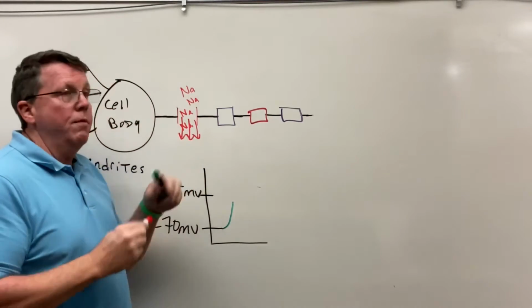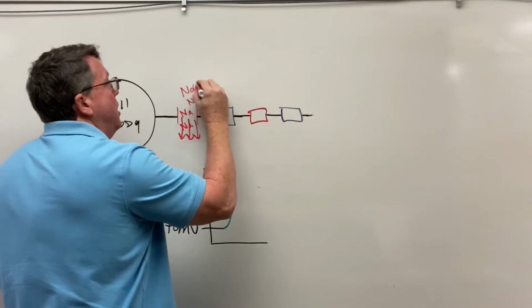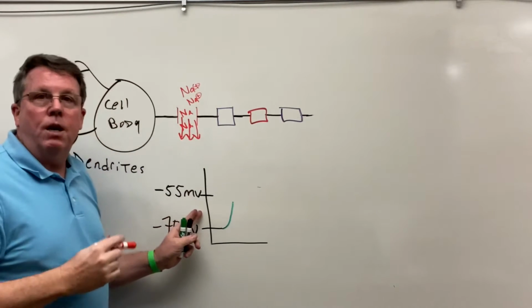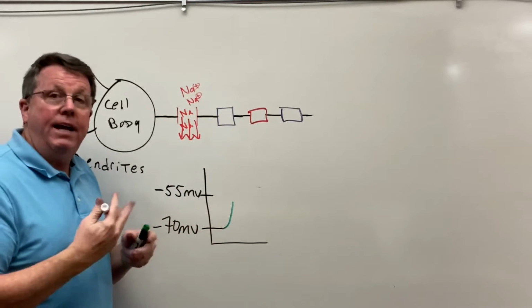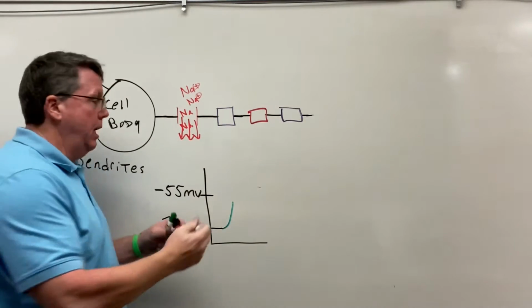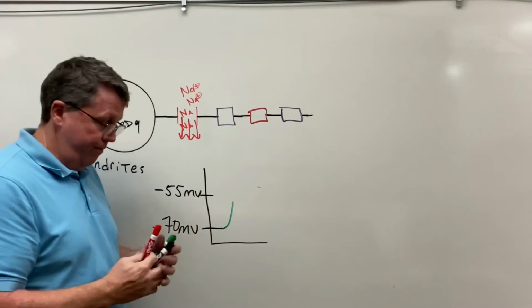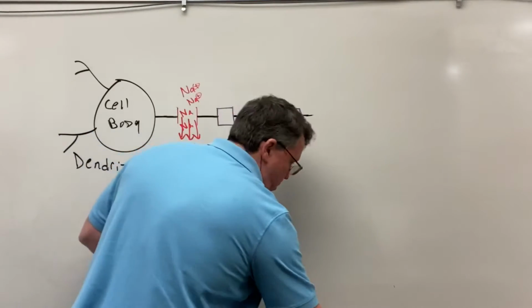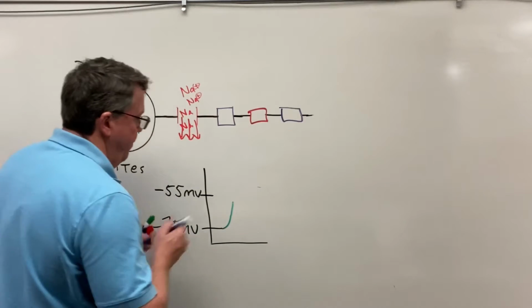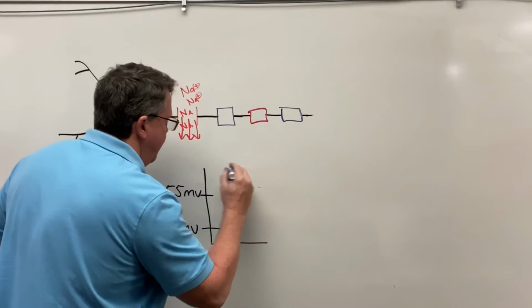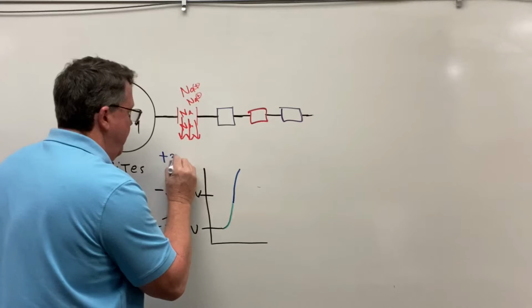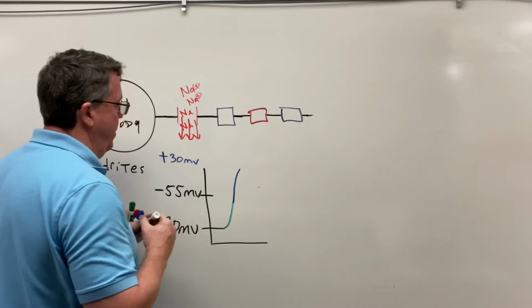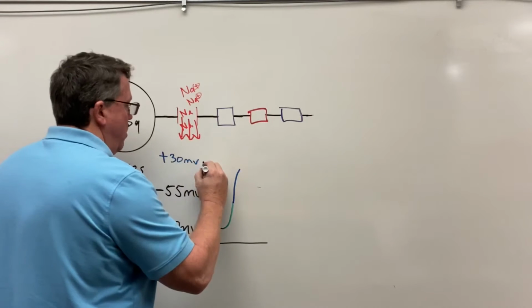Well, because sodium has a positive charge, this starts to become even more positive because I'm adding a bunch of positive charges into the inside of my nerve. Then we said this goes up to about plus 30 millivolts.